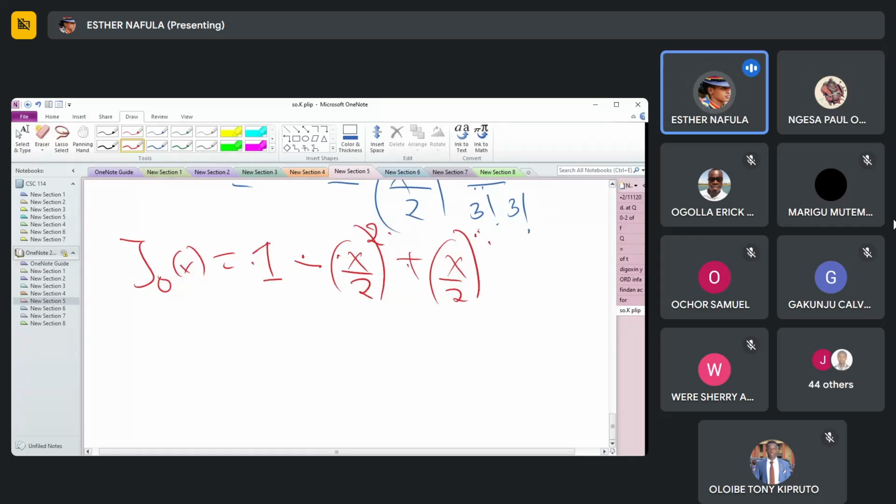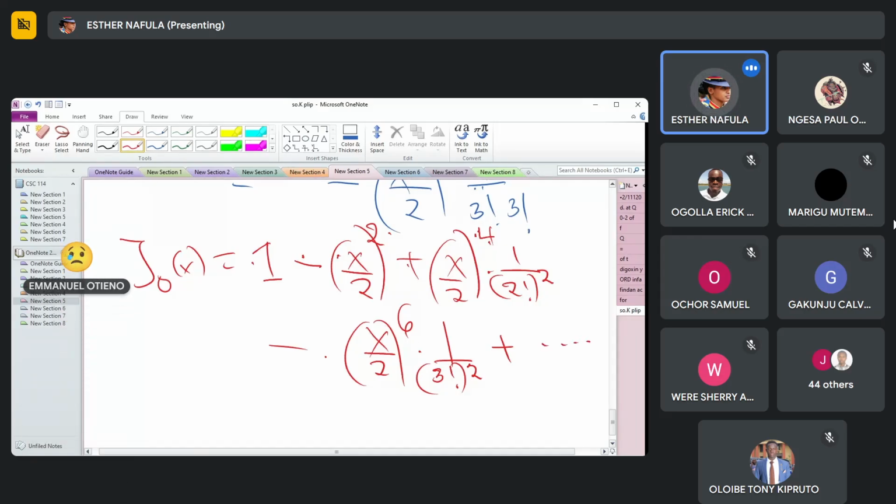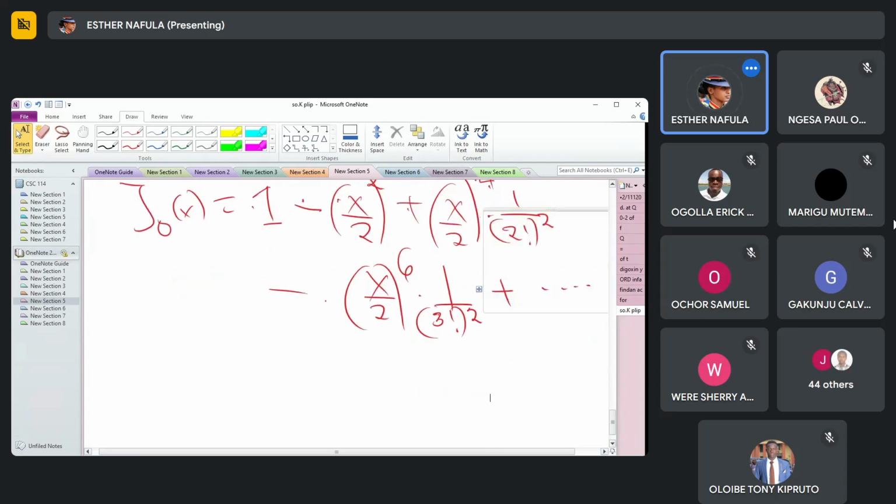This is plus (x/2) raised to power 4 times 1 over 2 factorial squared. The second term is times 1 factorial squared, but 1 factorial is 1, so 1 squared is just 1, no need to write it. Minus (x/2) raised to power 6 times 1 over 3 factorial squared, and so on. So when investigating the case where p is equal to 0, we get J_0 of x is given as this.